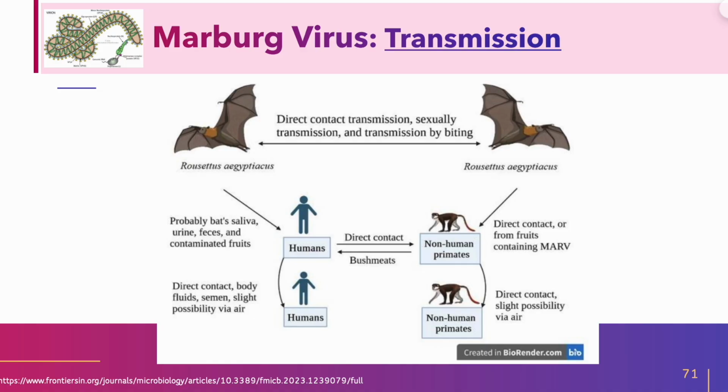For the virus transmission, they originate from Rousettus aegyptiacus, the fruit bats, as with Ebola virus, and spread by direct contact transmission, maybe by biting or by body fluids, such as when these fruit bats eat the fruits and the contaminated fruits are eaten by humans, or even humans eat the fruit bats directly.